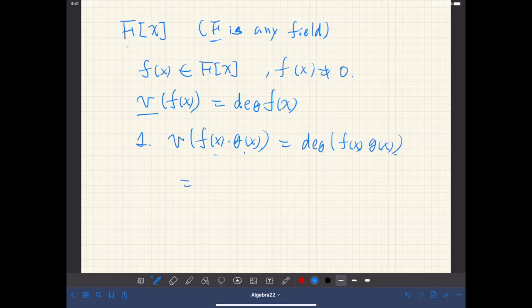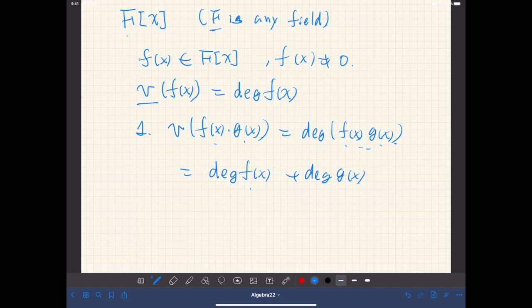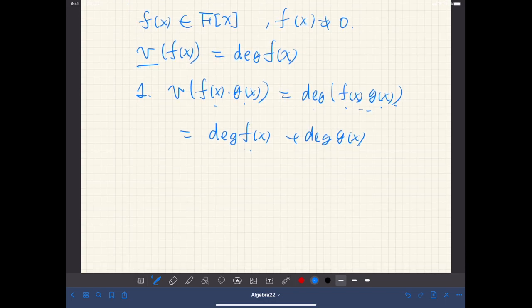And as we have seen, the degree of a product of two polynomials is the sum of the degrees of their components, degree of f of x plus degree of g of x.